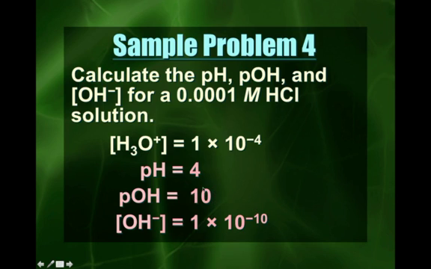Whatever this number is, you negate it and put it as the exponent. Very simple process, but very, very important process. And this is going to be a lot of the application in this particular chapter. Okay? All right. I hope that helps with this particular component to the chapter.